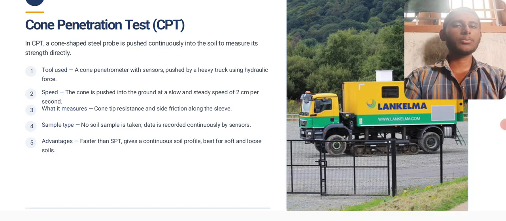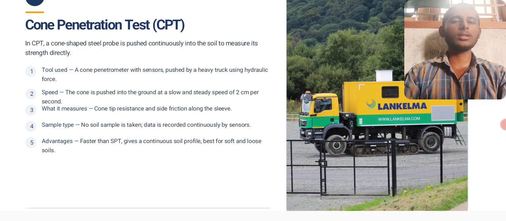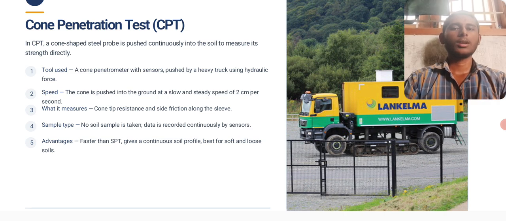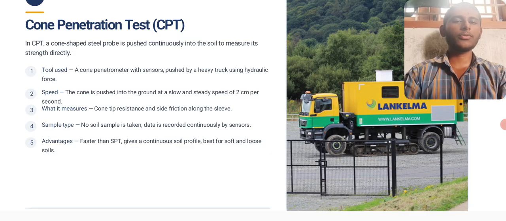Speed: the cone is pushed into the ground at a slow and steady speed of 2 centimeter per second. It measures cone tip resistance and side friction along the sleeve. Advantages: faster than SPT, gives a continuous soil profile, best for soft and loose soils.